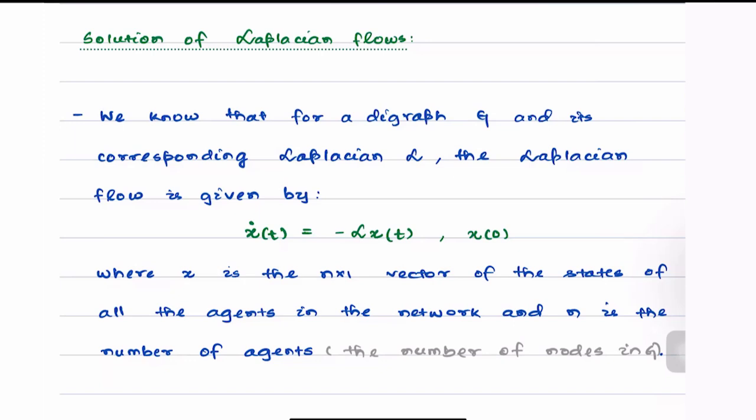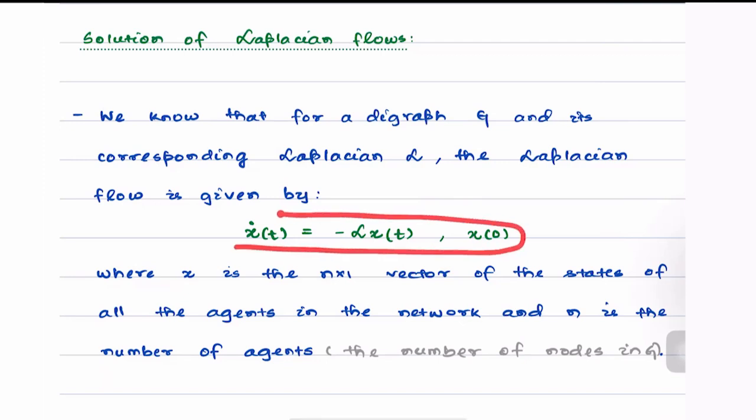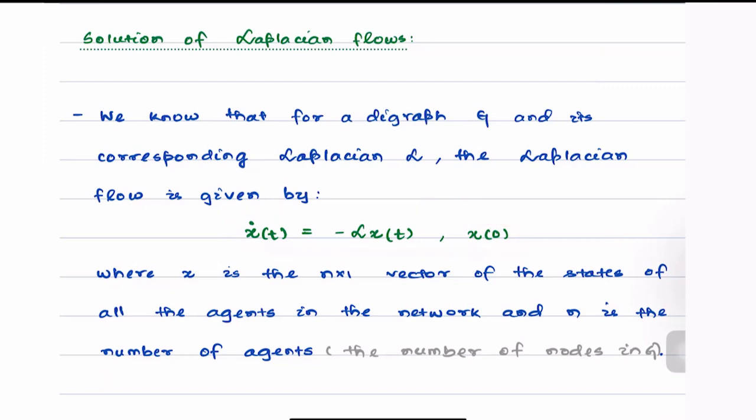Meaning, do the states of some of the agents evolve towards the state of one of the agents in the network? Meaning, does one of the agents here act as a leader, or perhaps multiple of them act as leaders for a different set of agents in the network? How do we figure out the answers to these questions? That will be the main focus of today's lecture.